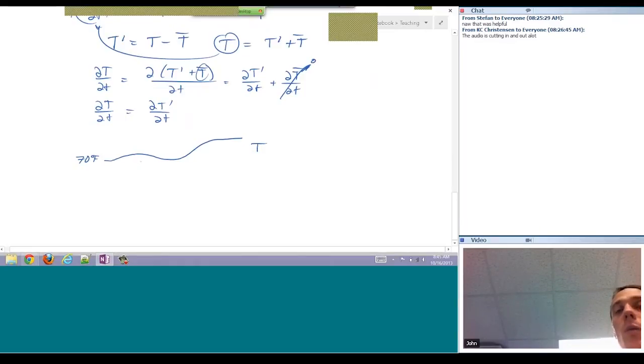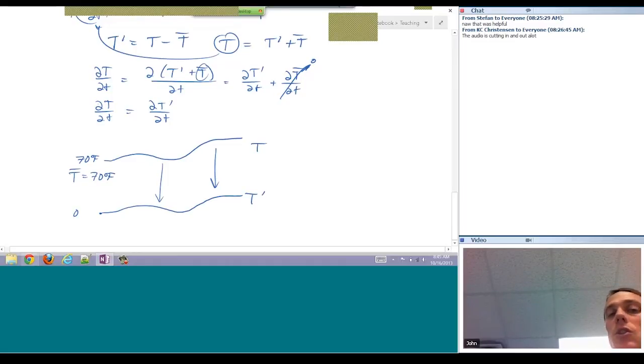If I say that 70 degrees Fahrenheit is my T bar, where I started at steady state conditions, to get T prime I just start at 0 and effectively subtract off the 70 at every point in that trajectory, and that becomes T prime.